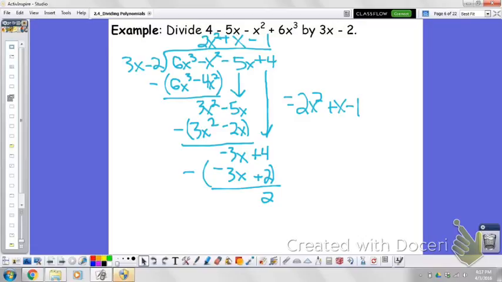But since we were out of stuff in our dividend, we will just leave it as plus 2 over our divisor 3x minus 2. So your final answer is 2x squared plus x minus 1 plus 2 over 3x minus 2.